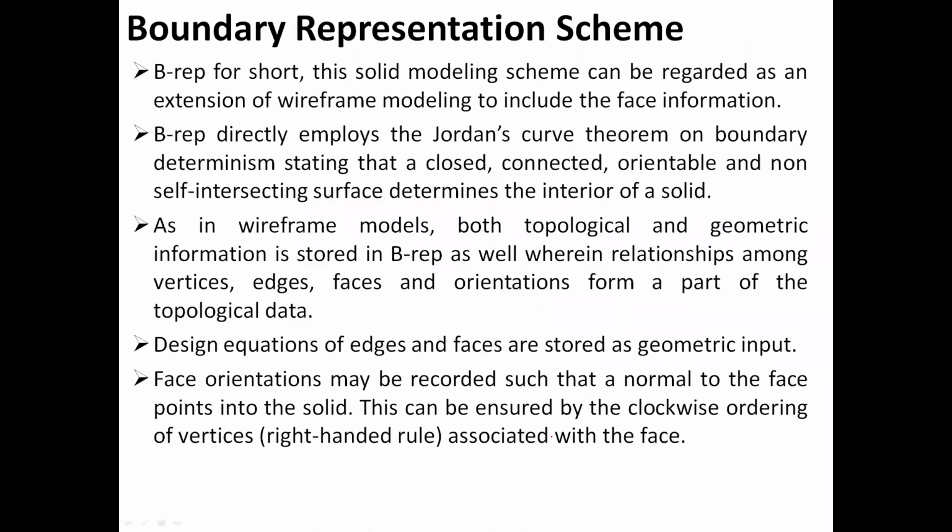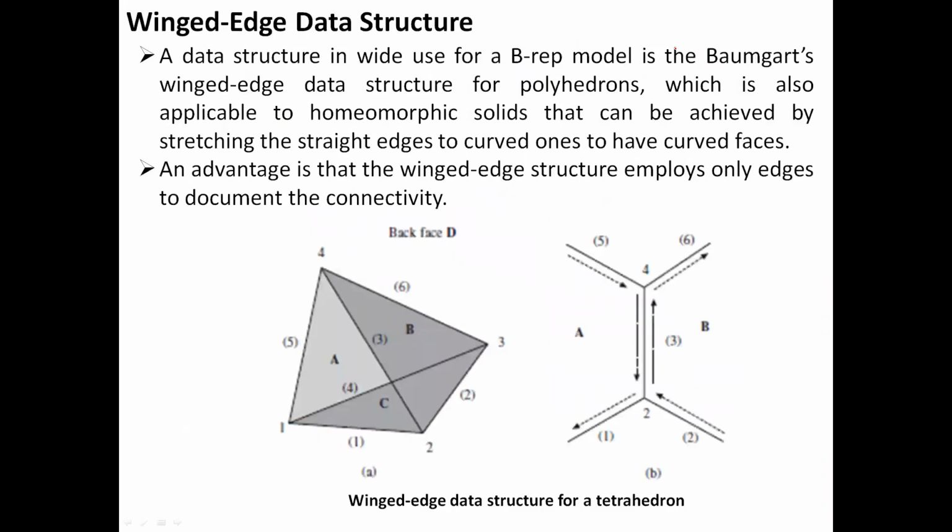A better form of wireframe modeling is the BREP model. BREP stands for the boundary representation system. Now in boundary representation, all the models are taken from the base up as we took in the wireframe.